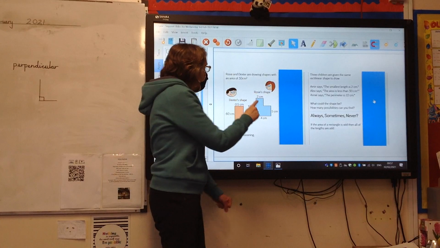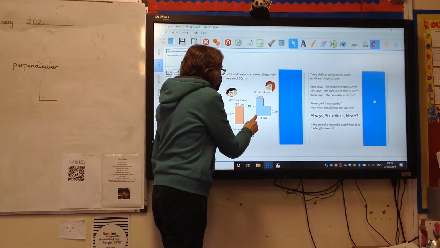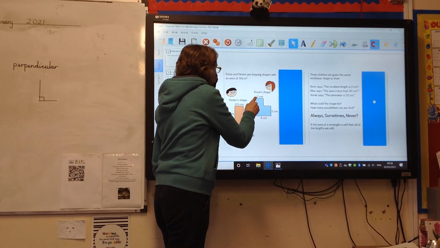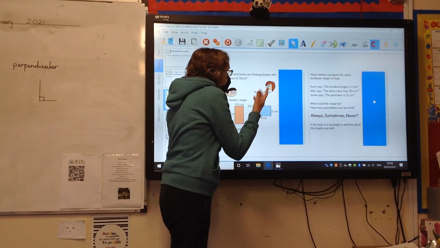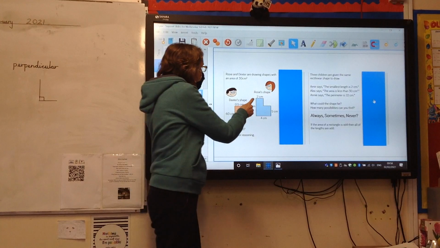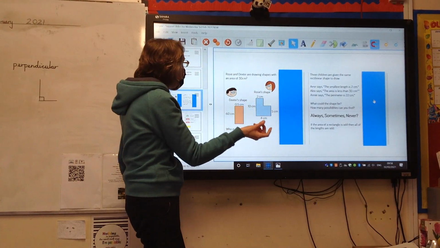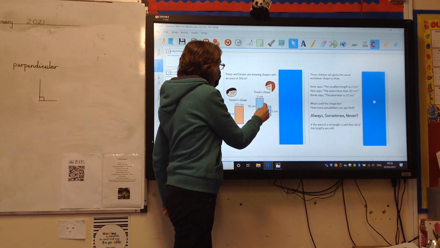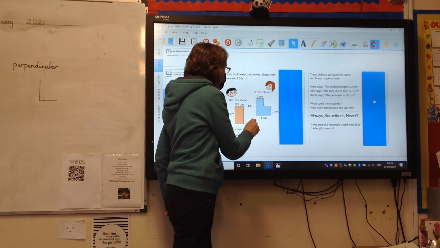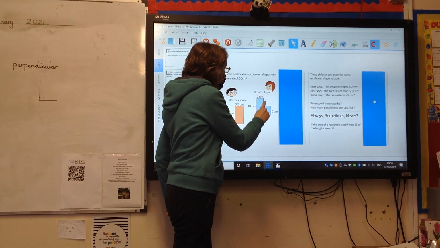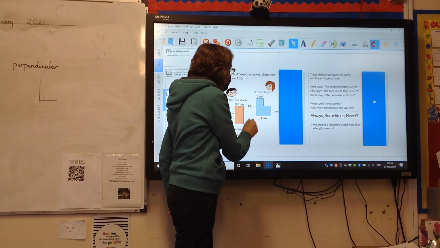You could actually make it into one big rectangle that's 4 centimetres by 10 centimetres and work out the area. So 4 times 10 is 40 centimetres. And then you could work out that that little bit cut out there must be 2 centimetres, because 2 centimetres plus 2 centimetres makes 4 centimetres.